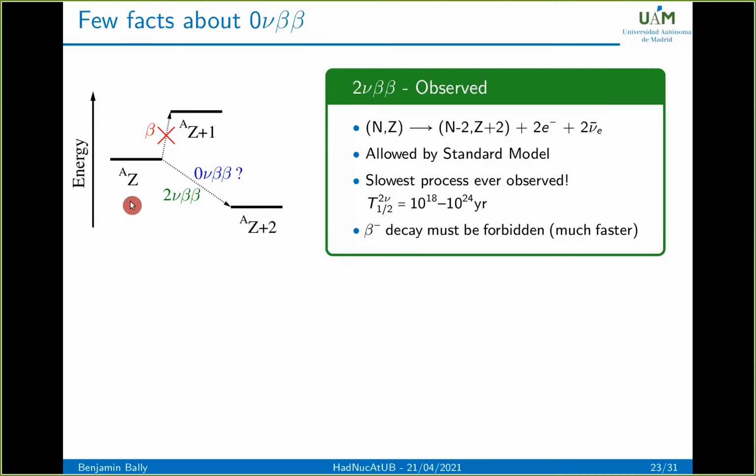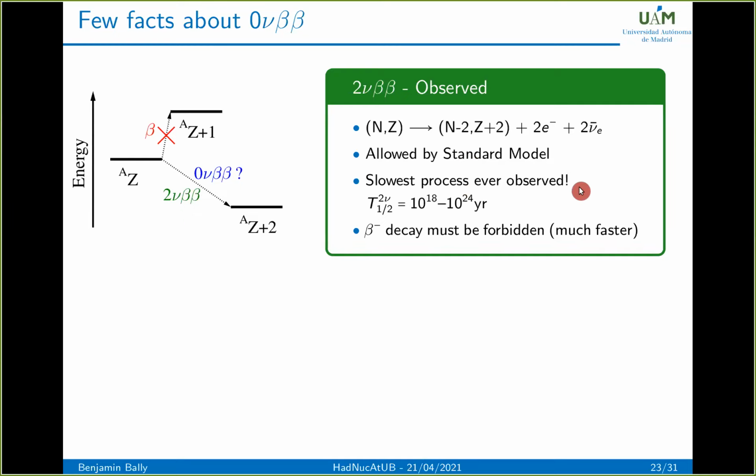It's a decay where a nucleus transitions from Z protons to Z plus 2 protons, losing 2 neutrons in the process. There is what is called the two-neutrino double beta decay, where in addition to this transition you have 2 electrons and 2 neutrinos. It's a transition that is allowed by the standard model and has been observed, I think, for 10 to 15 isotopes.